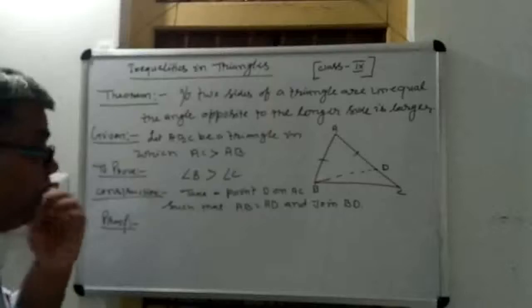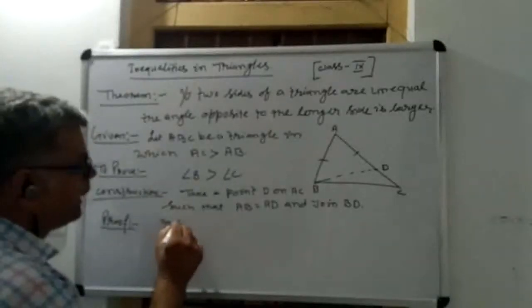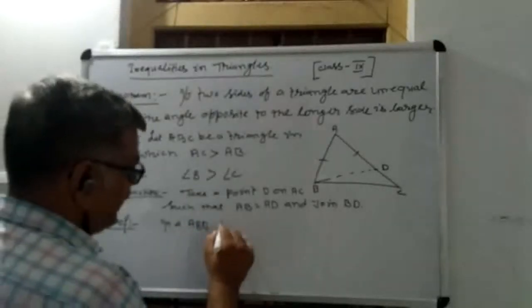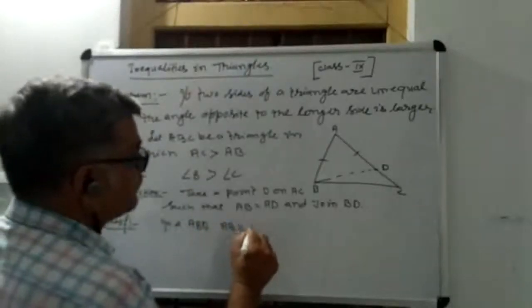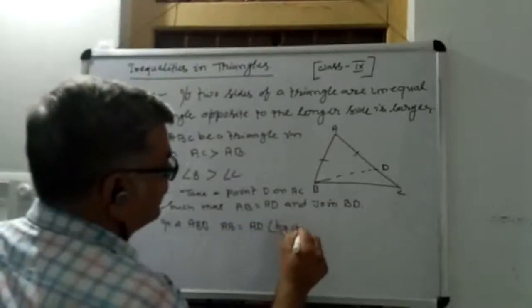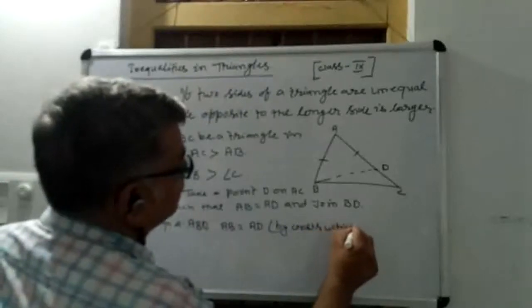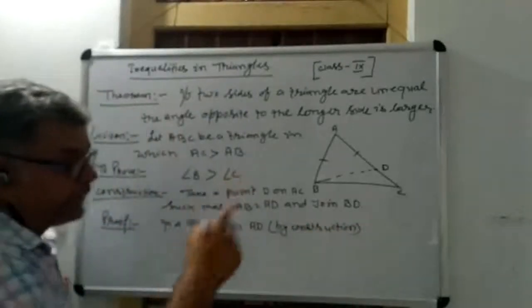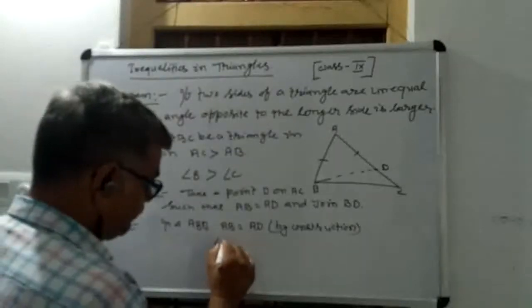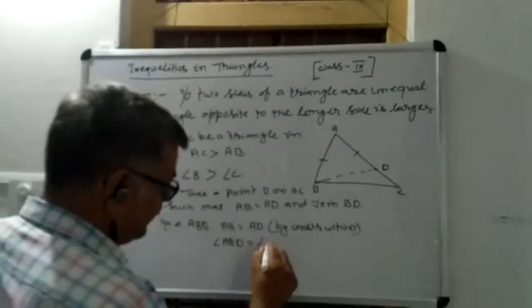Now what we have in triangle ABD, we have AB equals AD. From where? By construction. When AB is equal to AD, then you can write angle ABD equals angle ADB.